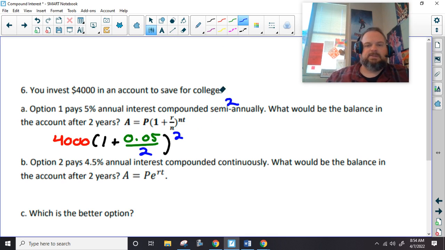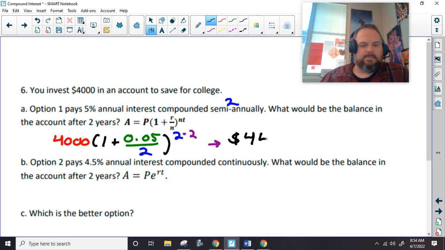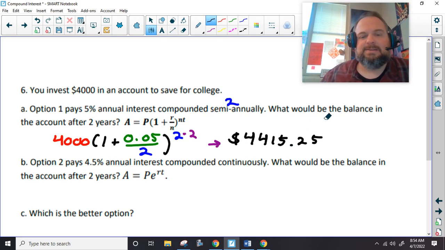So this is going to end up being 2 times 2 or 4. All right. After 2 years with this option, $4,415.25. Again, not bad. That's only $400 that we're earning.